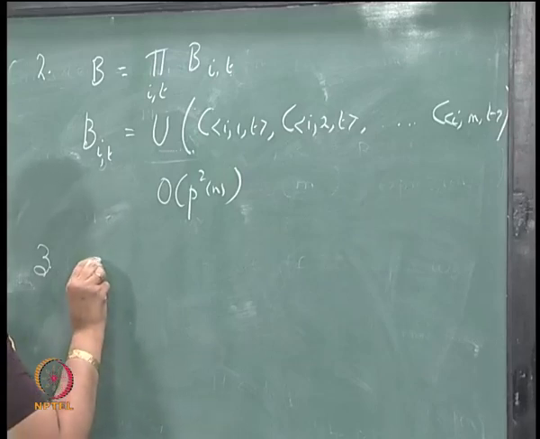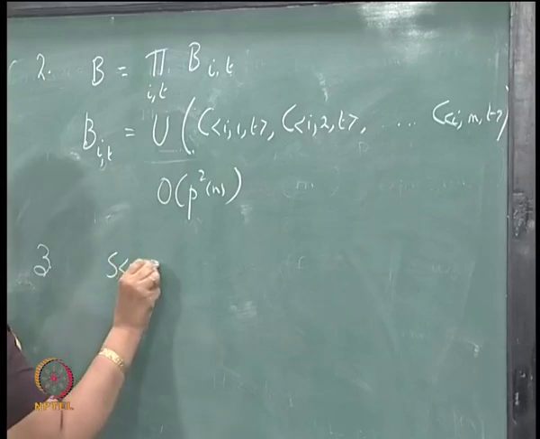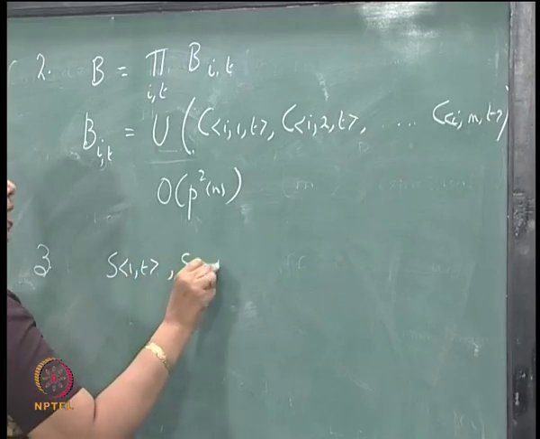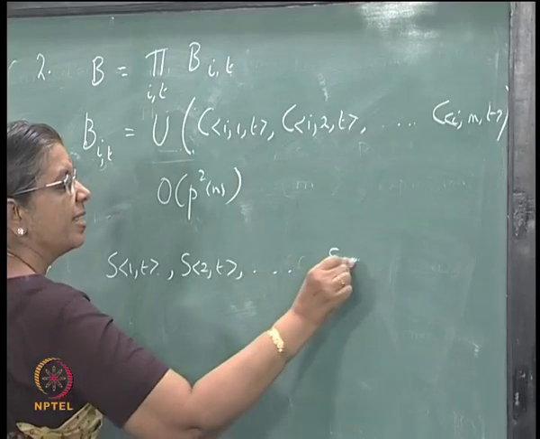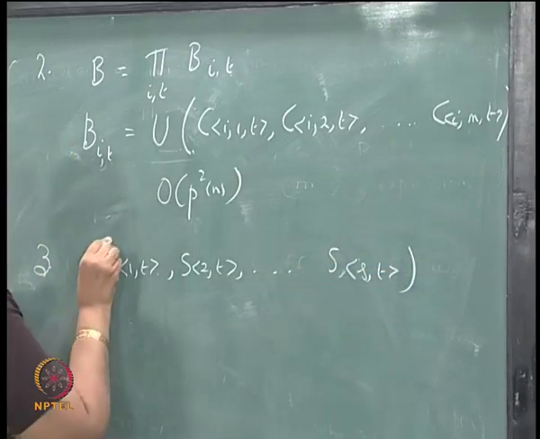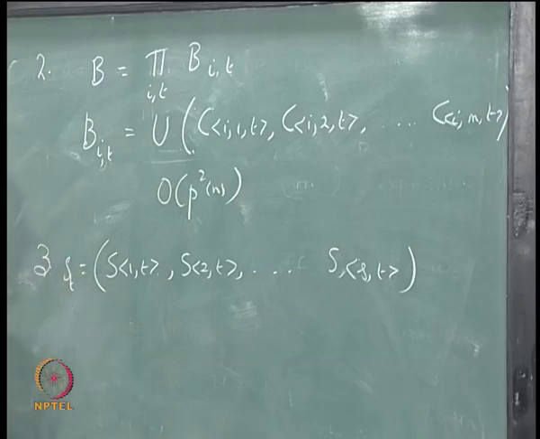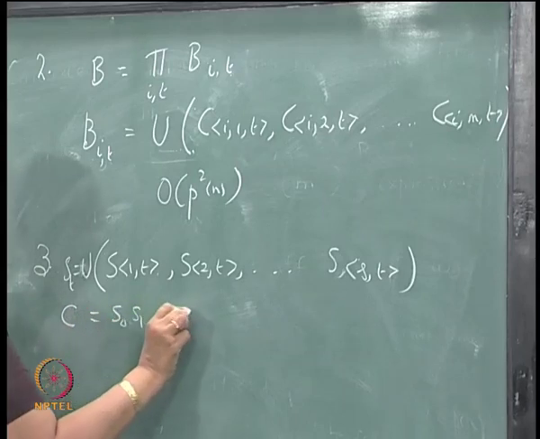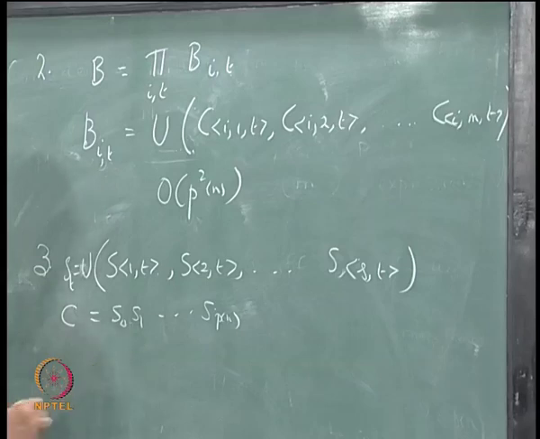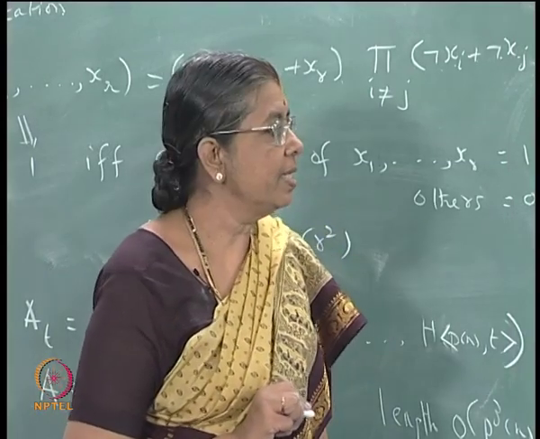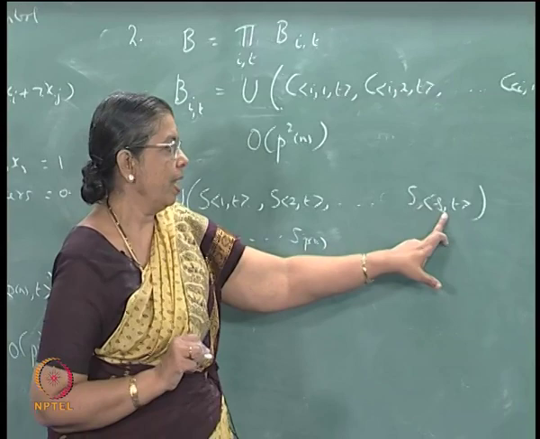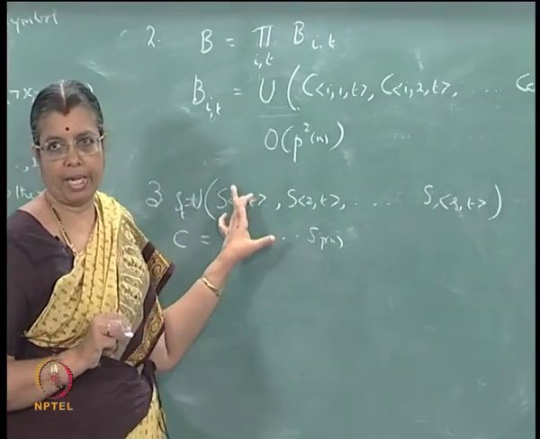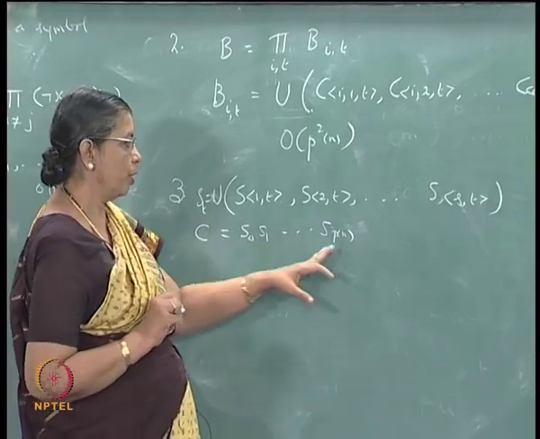So, S1t, S2t, or S, totally there are S states, St. Only one of them can be true, that is U of this, and expression C is S0, S1 up to S. That means only one of them will be 1, others will be 0 for a particular t, and you have to consider t varying from 0 to Pn.